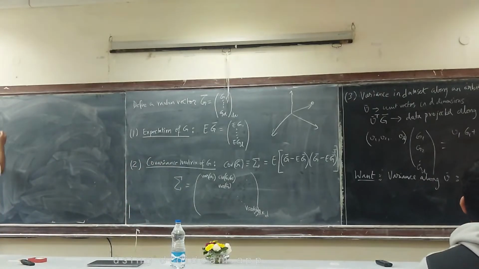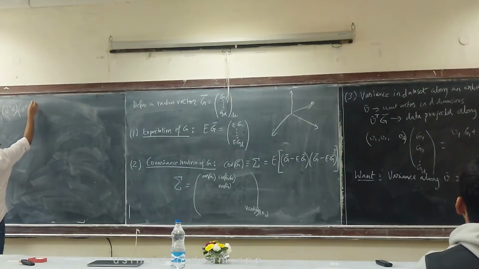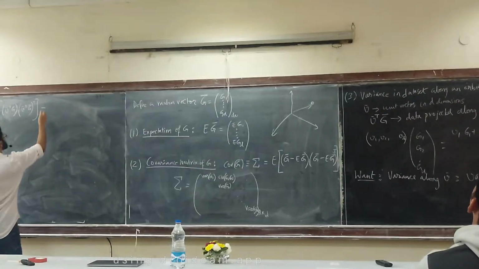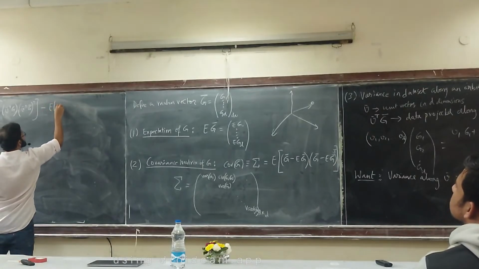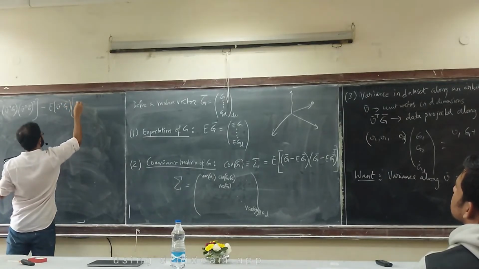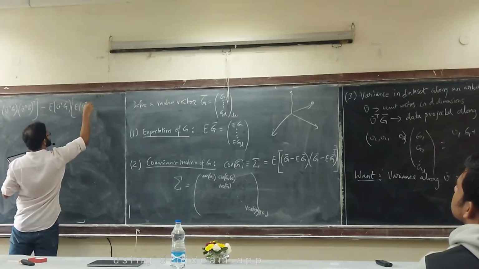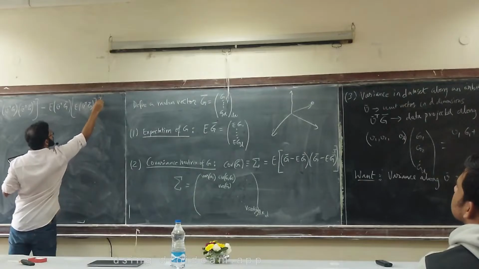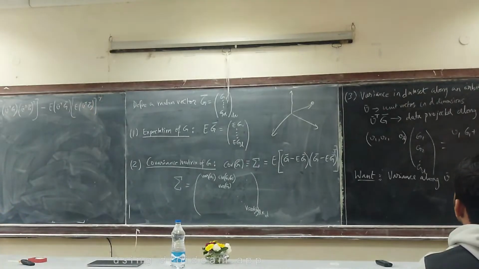So this will give me the expectation of V transpose G times V transpose G transpose, minus the expectation of V transpose G times the expectation of V transpose G transpose. All I've done is use that definition of the covariance matrix to write down the variance of this quantity.